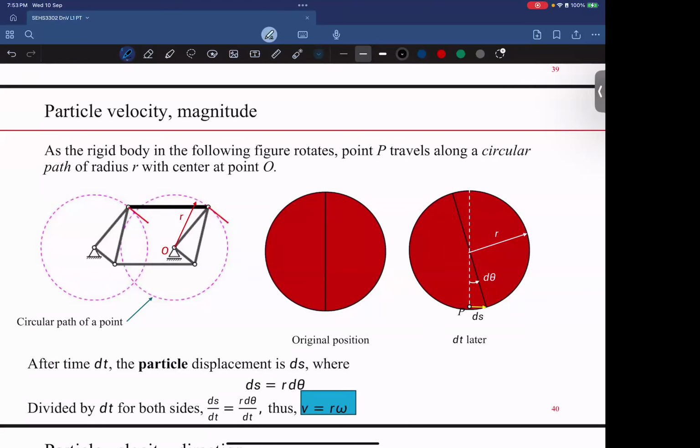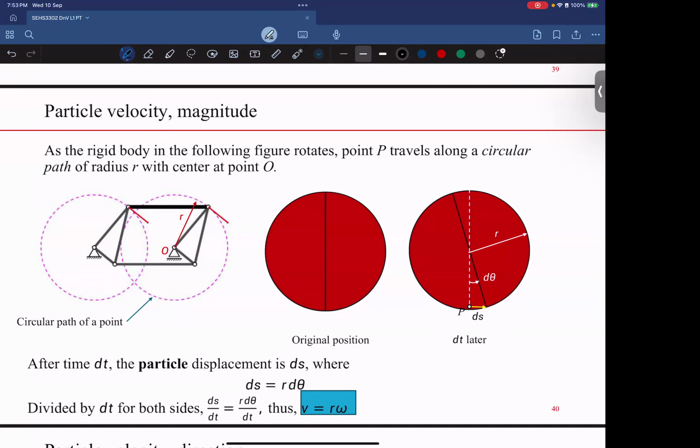The red arrow points the direction. If we stop it in another position like this, this point moves in this direction, right? We can have more, so we can see this direction is always tangential to this circle, to its circular path.